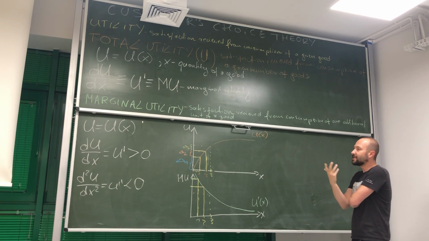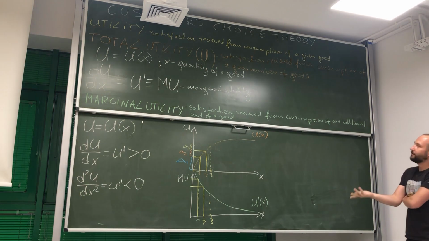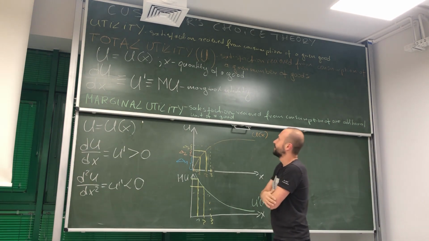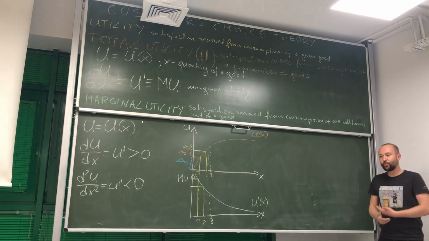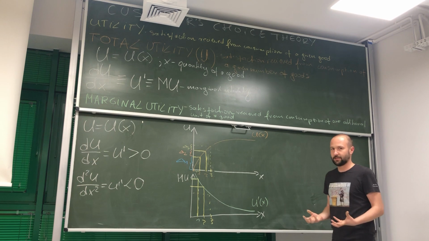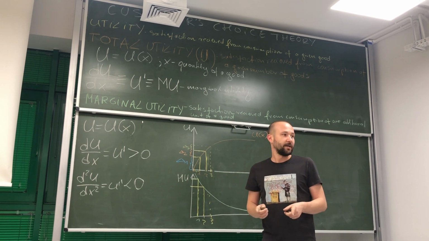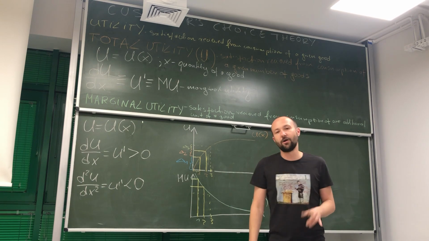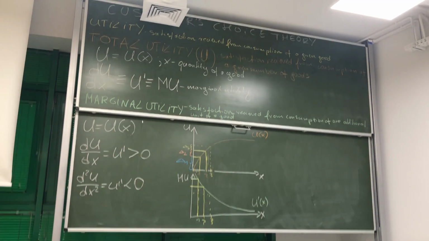However, we're not going to be considering just one quantity of a given good, but rather what we're going to discuss are going to be bundles or baskets of goods. And this is going to be the topic of our next video. Thank you very much for your attention.